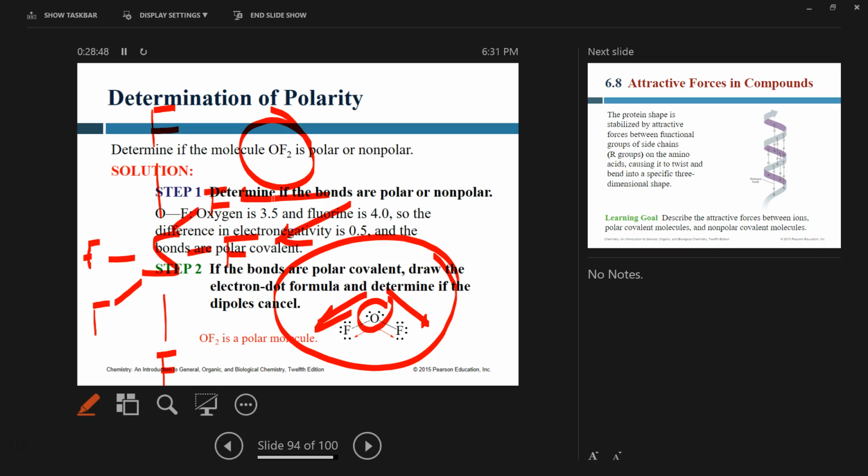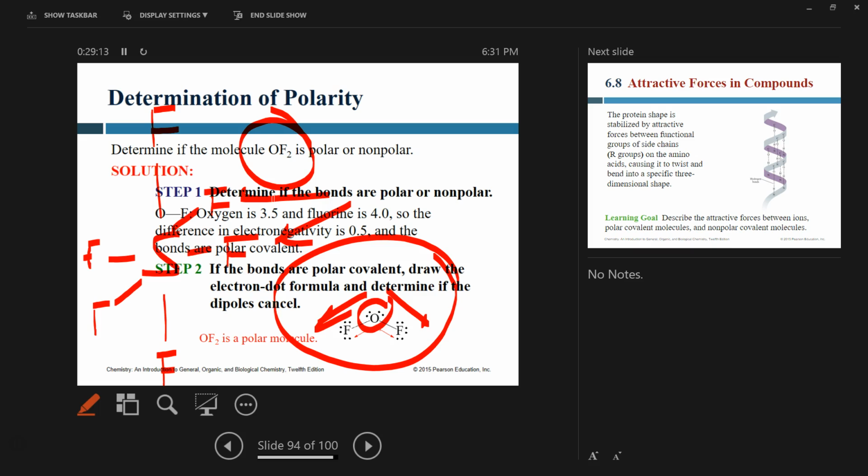Each bond has the same length. Are these bonds polar? Yes. Do they cancel each other? Yes. So that's a perfectly symmetrical molecule, and despite the great polarity of each bond, it will be a non-polar compound. Does that make sense?